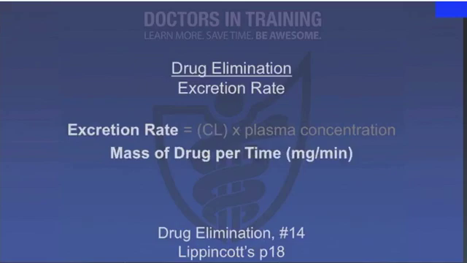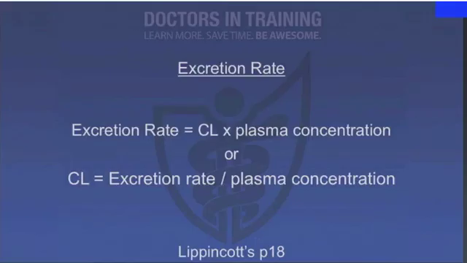Excretion rate is a mass of drug per time. It's an amount of drug, not a volume of plasma. The excretion rate is how much drug is excreted in a given amount of time. So if you do a little algebra on this excretion rate formula, you get clearance equals excretion rate divided by the plasma concentration.